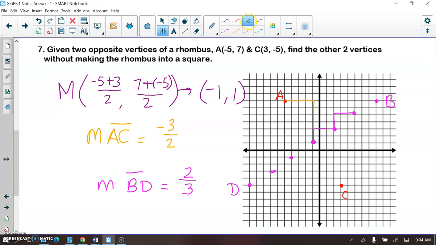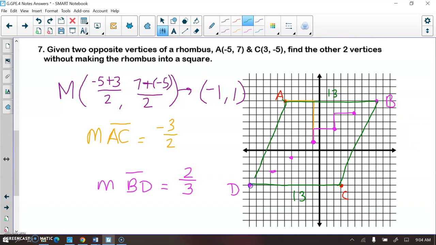Now finishing off this quadrilateral, I have a length of 1, 2, 3, 4, 5, 6, 7, 8, 9, 10, 11, 12, 13. And this opposite side is also 13. If I connect B to C, we're going to see if this has a length of 13.